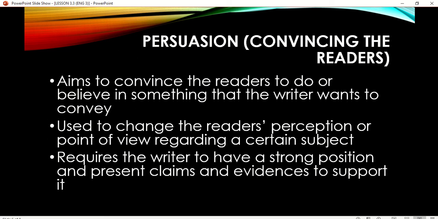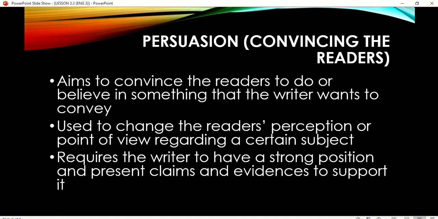How will the readers buy the ideas you are selling if you are unsure about what you are presenting? Again, the main purpose of persuasion is to persuade the readers to believe the author's perspective. So you can present claims and evidence.